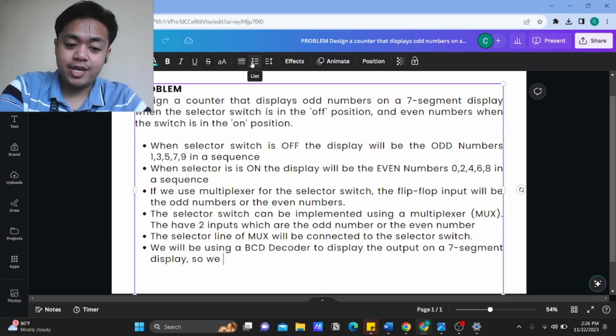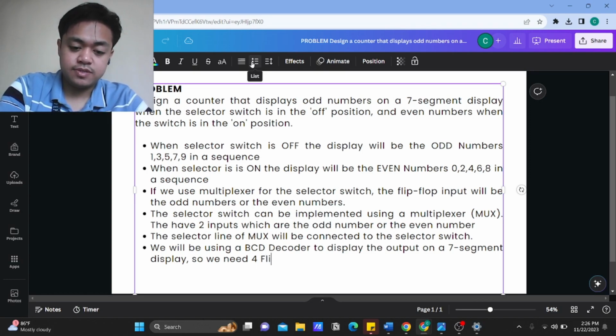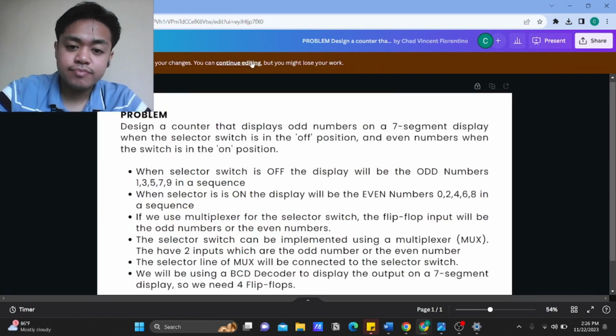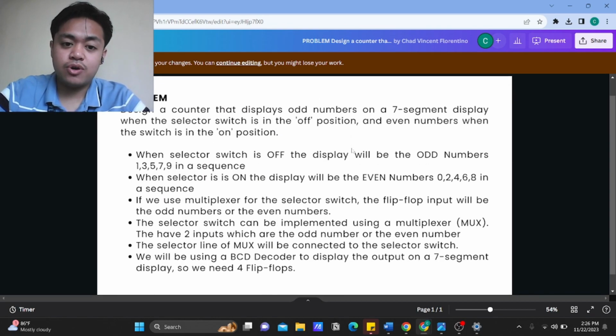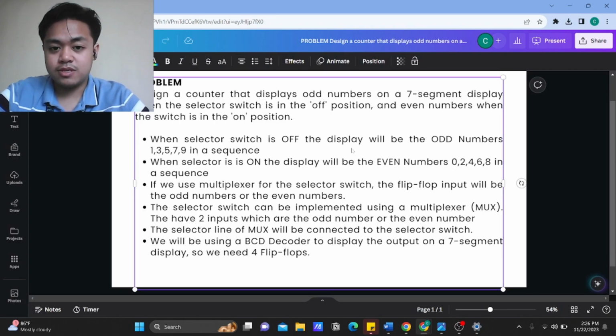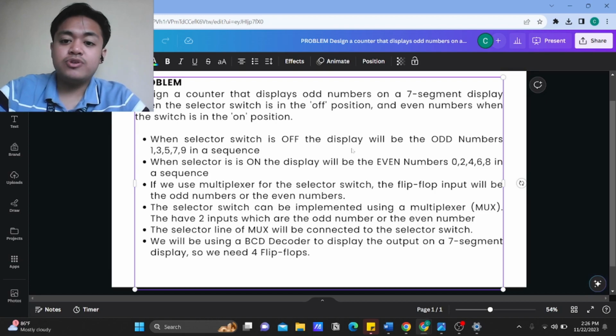So we need 4 flip-flops to design the counter that displays odd numbers and even numbers on a 7-segment display.